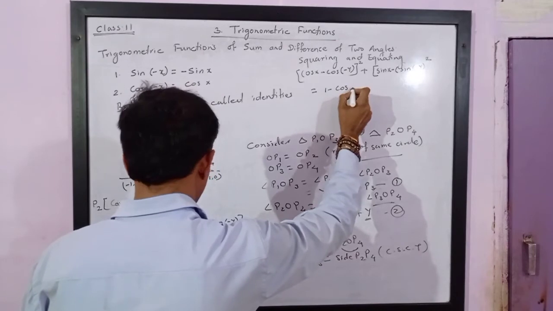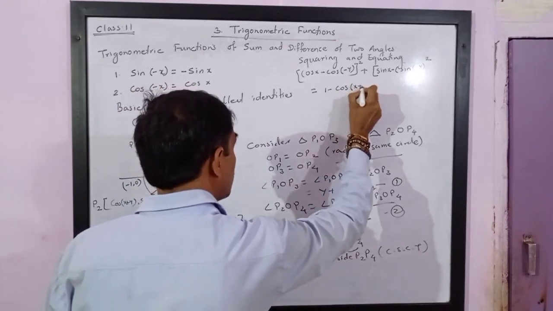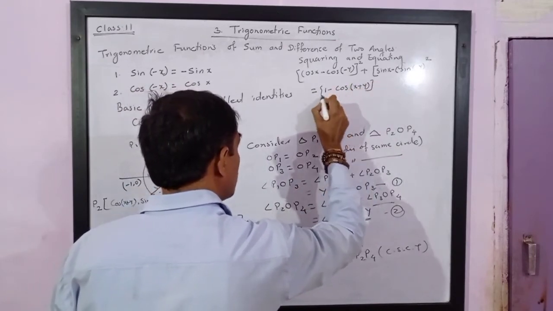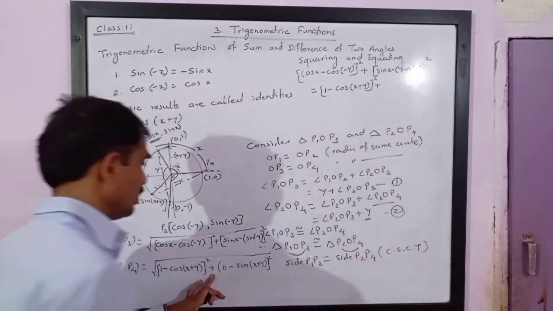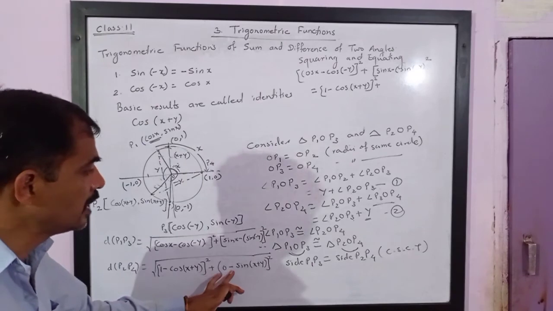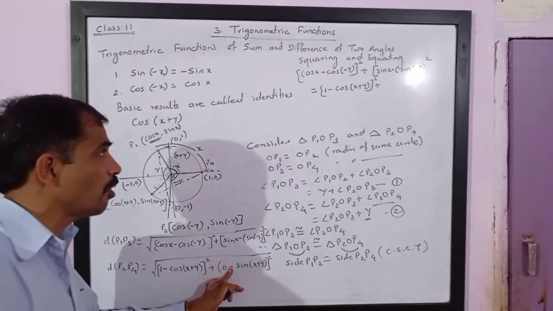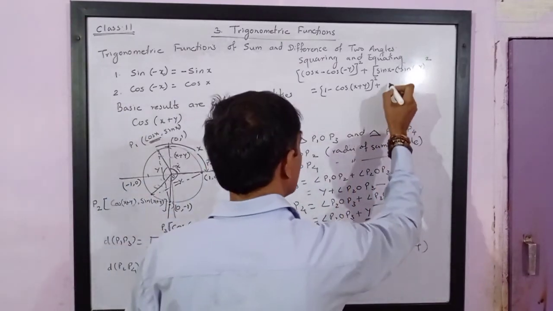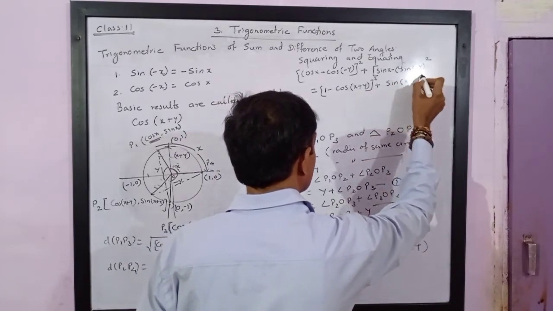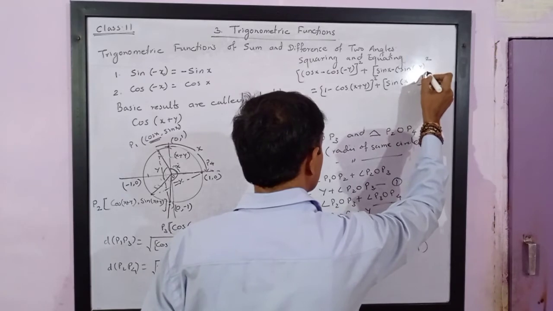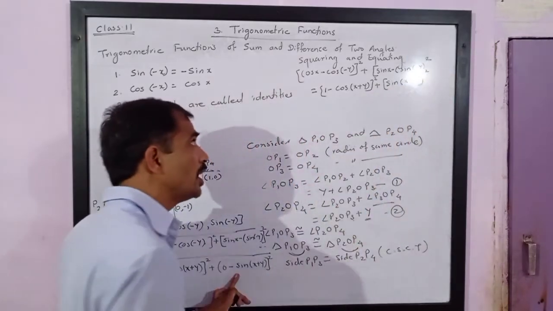cos of x plus y bracket square plus 0 minus, and square of minus is positive, so this becomes positive, sin of x plus y bracket square. Please note, square of negative is positive.